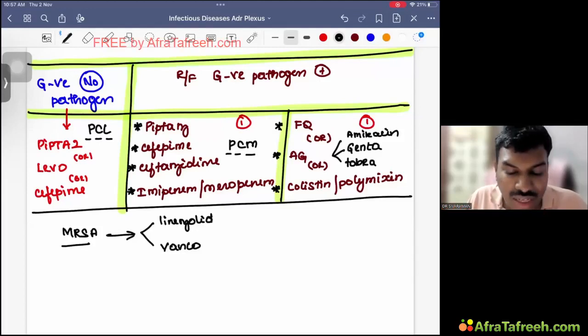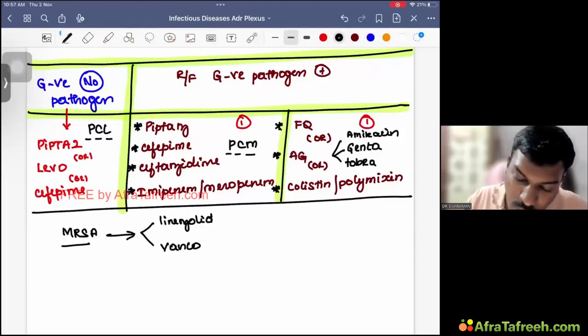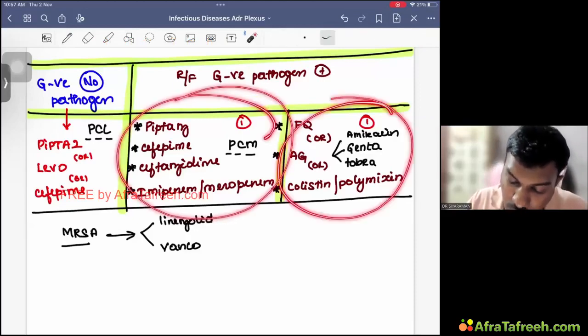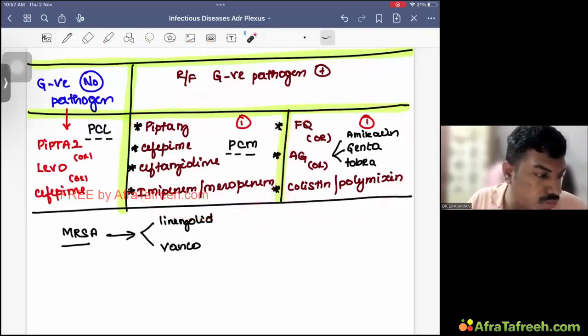Whenever a risk factor is there, you give one from this column and one from this column; together, you add both the drugs.